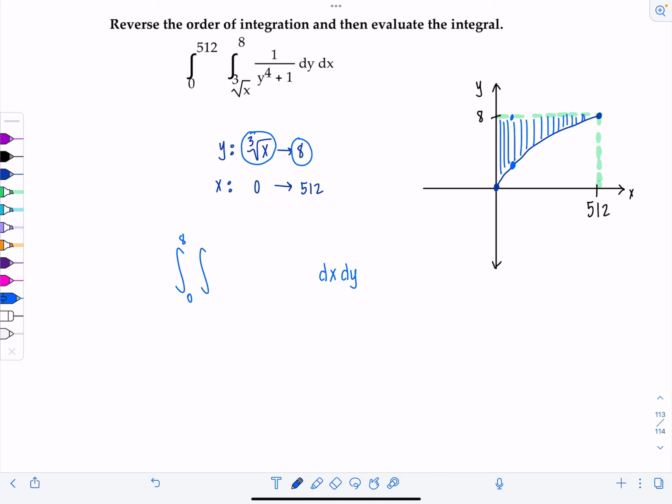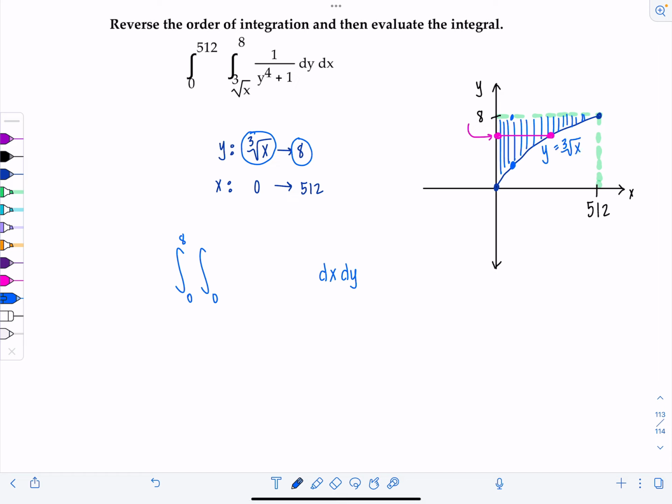Now the next set of limits need to bound the x direction. So you're going to be looking from left to right. The x direction goes from here to here. Okay. What's bounding it on the left? Just x equals 0. So the lower limit's going to be 0. Now on the right, I know that curve is y equals cube root of x.